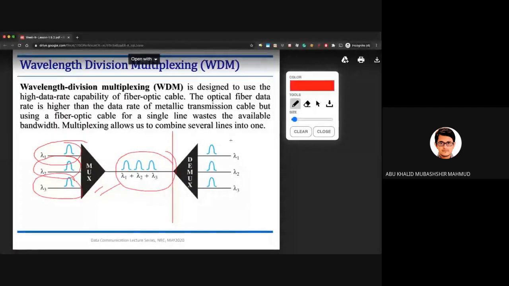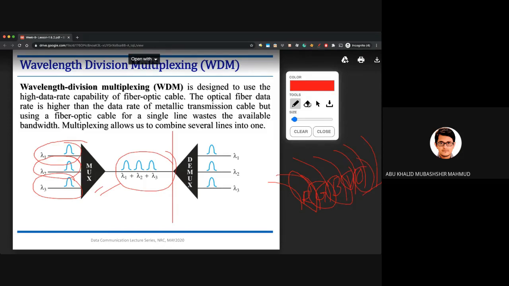Now, a more practical example of this wavelength division multiplexing is the rainbow, or the colors that we see every day and everywhere. So these values, violet, orange, etc., of light of every color have different wavelengths.